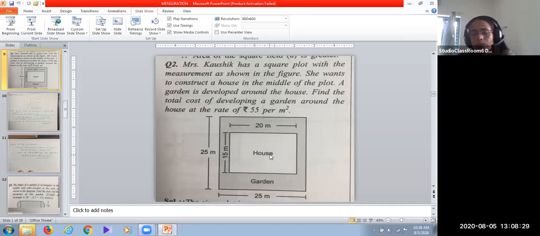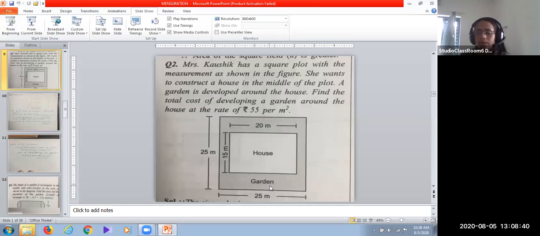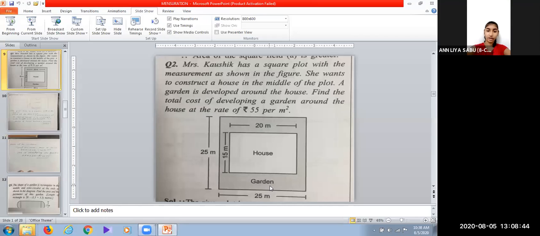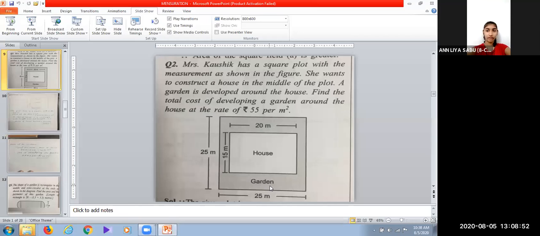A square plot is given. Inside the square plot, a rectangular plot is there. We need to find the area of the garden. How did we find it? Explain. Ma'am, first we find the area of the house. Then the area of the square.